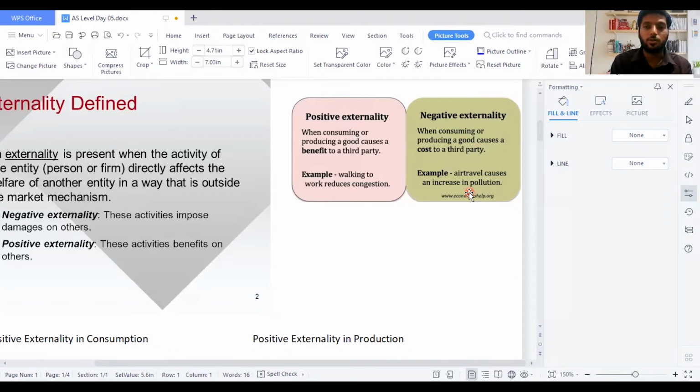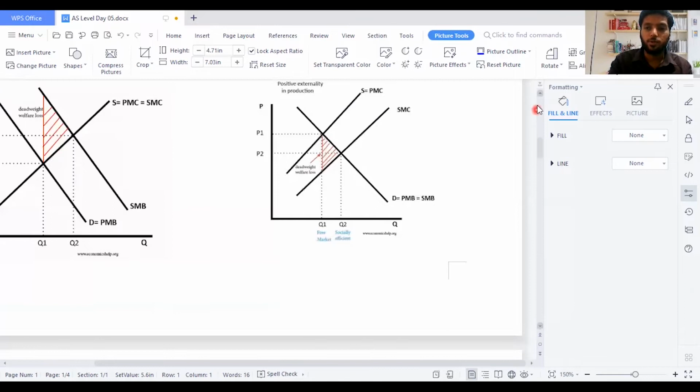Because they are sending rockets to the Moon or Mars, it doesn't mean people are getting affected in a good manner. They affect it in a bad manner also. The moment they find a place on Mars, then of course it's going to be a good way of affecting third parties.